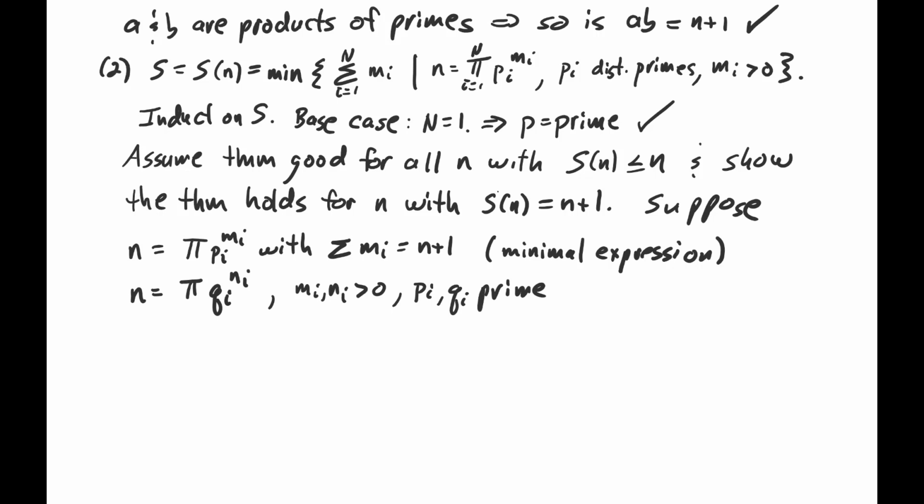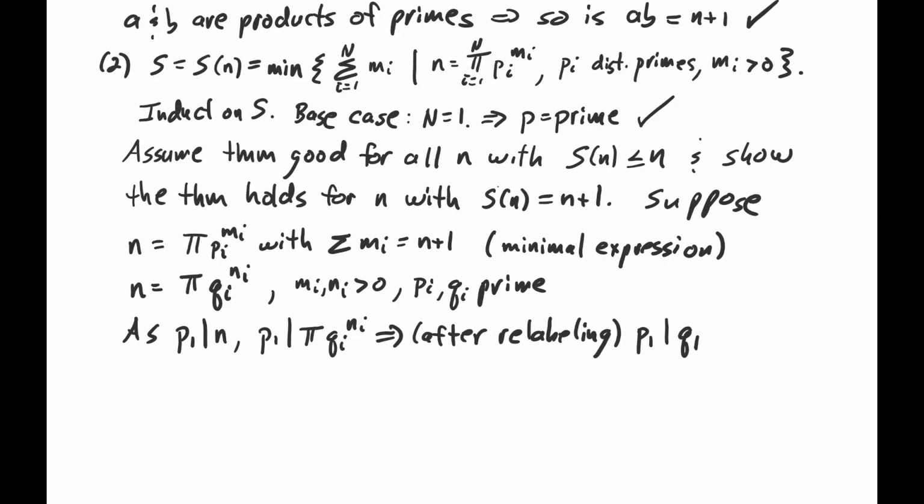Okay, so it's written as a product of p_i's and a product of q_i's. We need to show that, in fact, the p_i's are the q_i's and the m_i's are the same as the n_i's. Okay, let's start with p_1. Since p_1 divides n, that's the first expression, it therefore divides the product of the q_i's. And by our earlier result, since p is prime, it has to divide one of the actual q_i's. So up to relabeling, we might as well assume p_1 divides q_1.